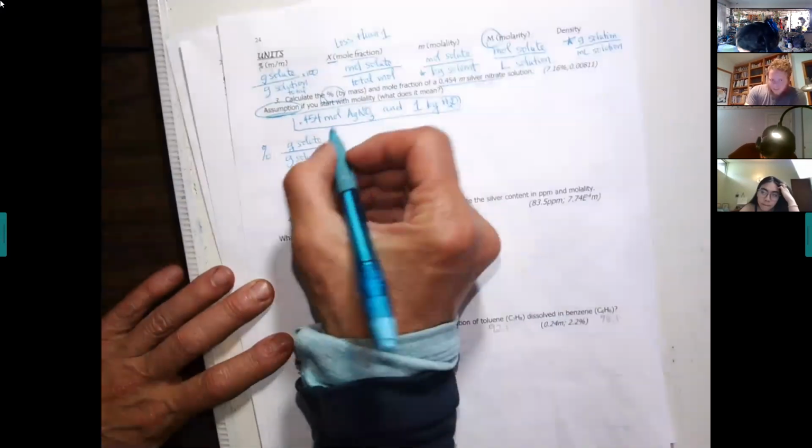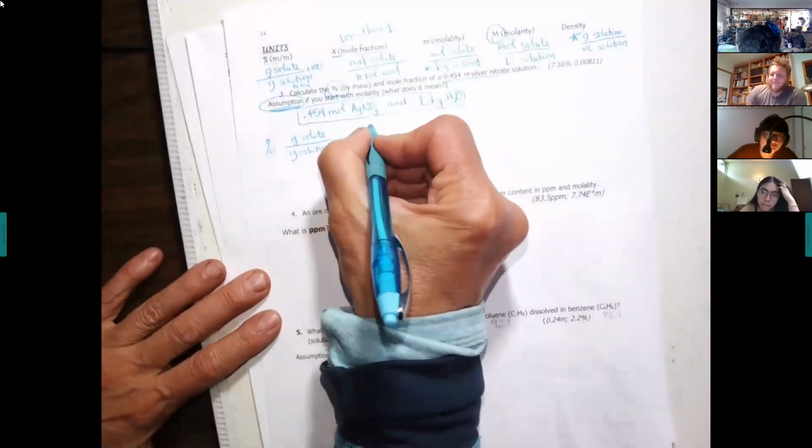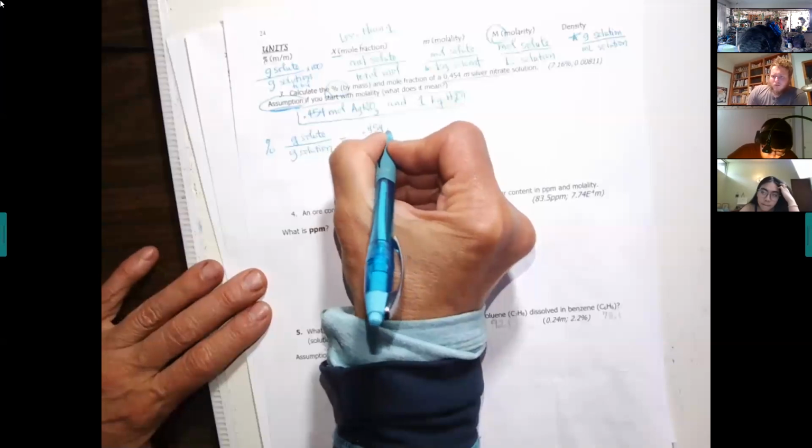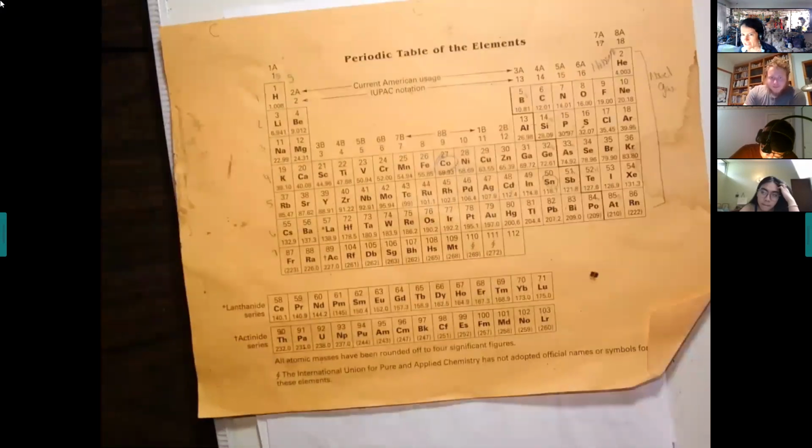And then we're going to now solve. We don't know the grams of the solute, but we do know we have 0.454 moles of silver nitrate. Oh, look at that. We have a periodic table. We can change moles to grams, and we can change moles back to grams.